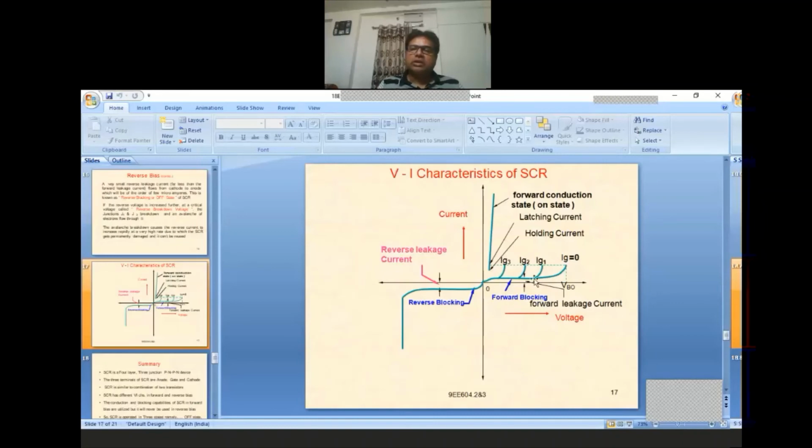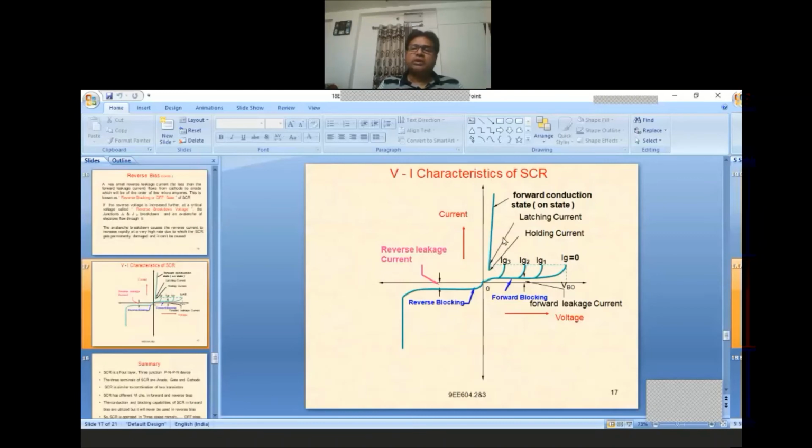There are three other important parameters: forward breakover voltage, at which junction J2 breaks down and SCR enters into conduction mode, and latching current IL.